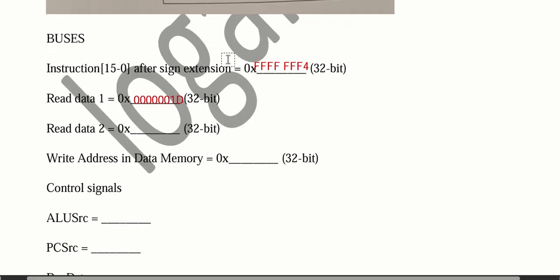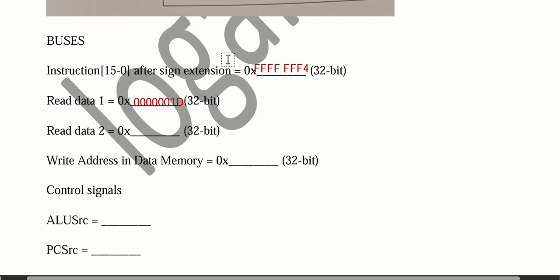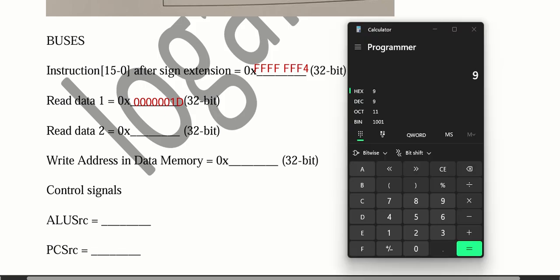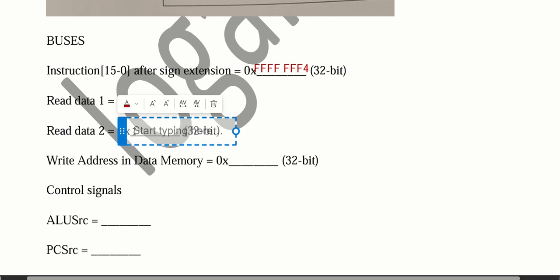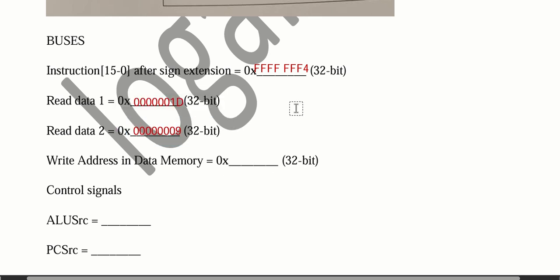So we have to find 9 in binary as well. So 9 in hexadecimal is still 9. It's less than 15. So it means that we have to put 7 zeros and the 9. Yes. So we have this one as the answer.